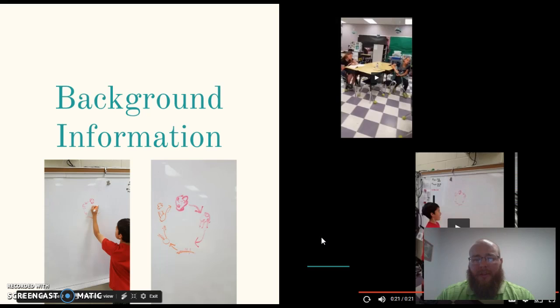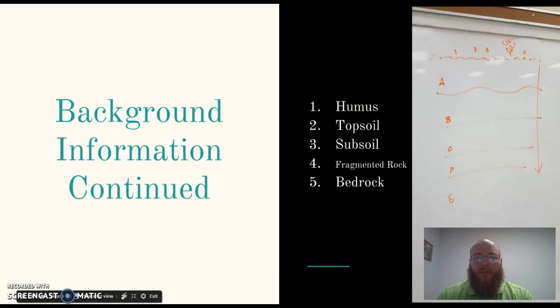I offered that to them based on the prior reading I did before this design challenge. But it offered a transition into the next piece of background knowledge, which I said, does anybody know what is below the grass? And we basically came up together with this visual, which is on the right.